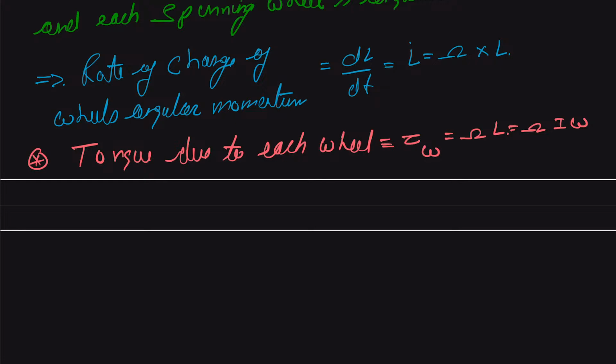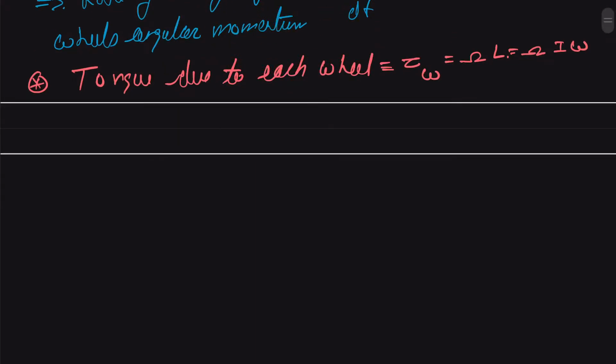We have two wheels and both will be producing the same torque in the same direction. Therefore, we can say that our total torque, tau T, will be equal to twice capital Omega I times omega.